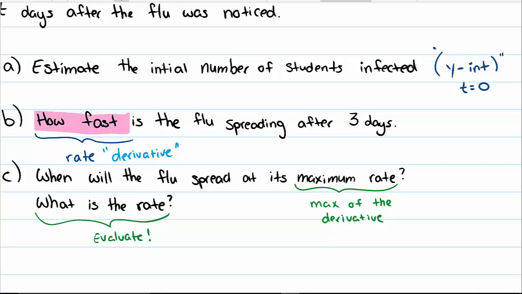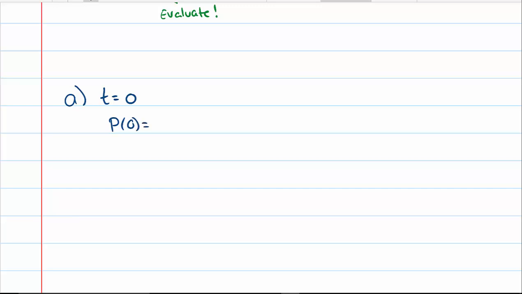Alright, so let's get started. Part A, we want the initial number. So this is when t is equal to 0. We get P of 0 is equal to 100 divided by 1 plus e cubed, plugging in 0 for t. And that's calculator work.